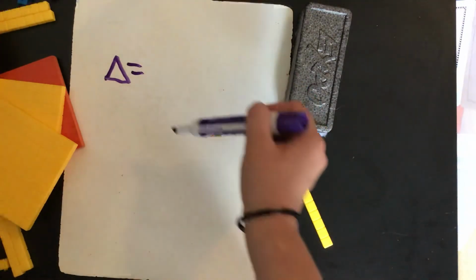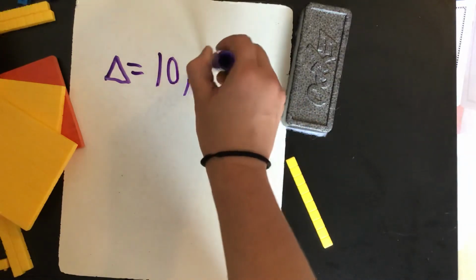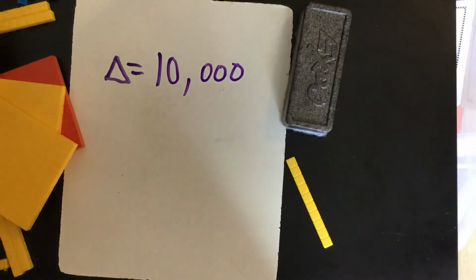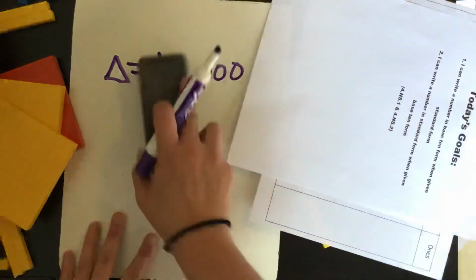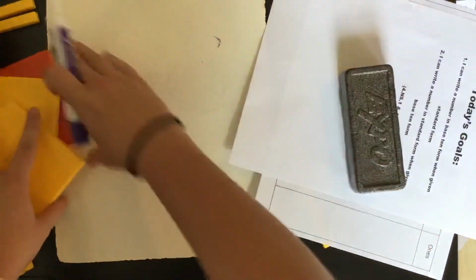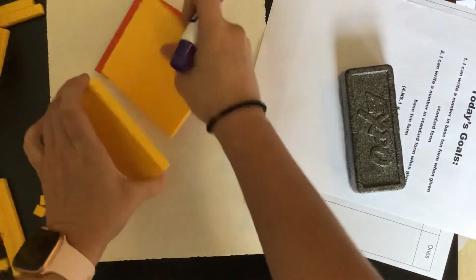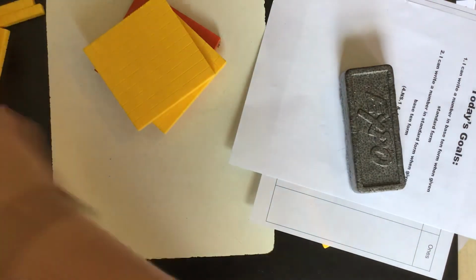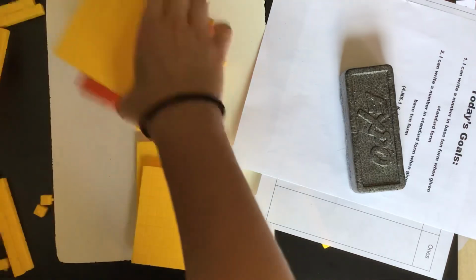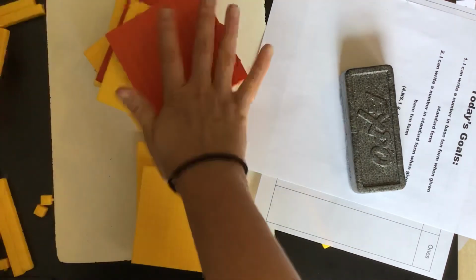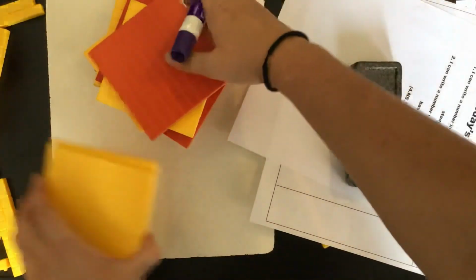So this may be a triangle, maybe 10,000s, or it may be that you draw lots of cubes to demonstrate that. Because what if I'm given, let's say, 1, 2, 3, 4, 5, 6, 7, 8, 9, 10 of those. 10!